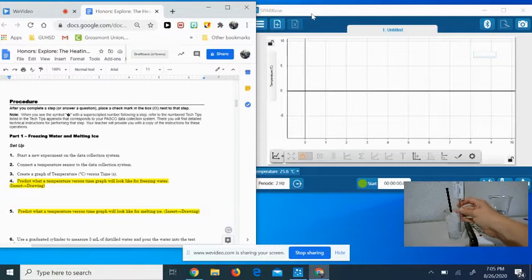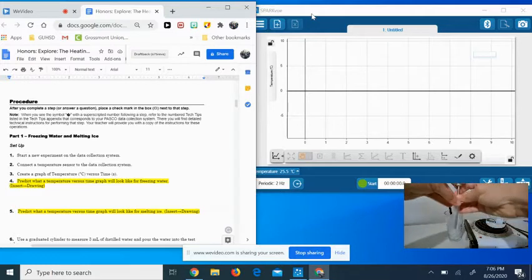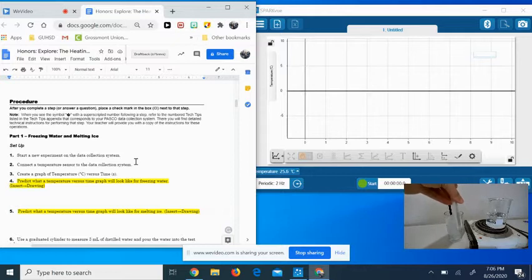Is the temperature going to go down when I'm taking water and I'm going to freeze it? Then I want you to predict what a temperature versus time graph will look like for when I melt the ice. Is the temperature going to go up? Is it going to go down? Is it going to stay the same? Okay. So after you've done that, go ahead and continue on down this lab.